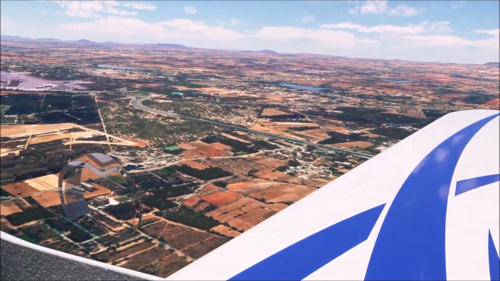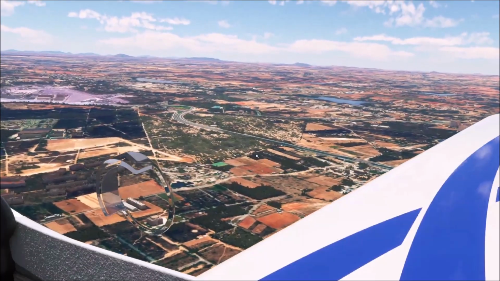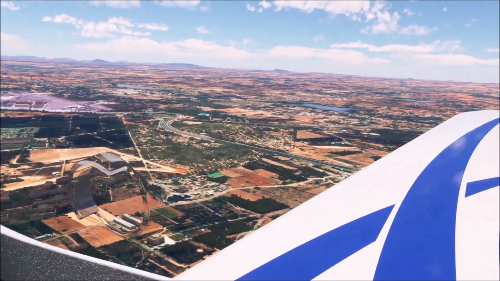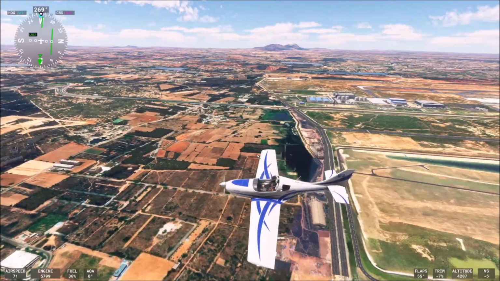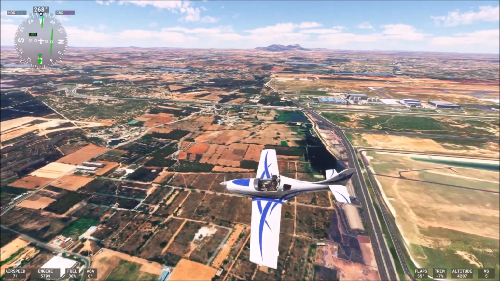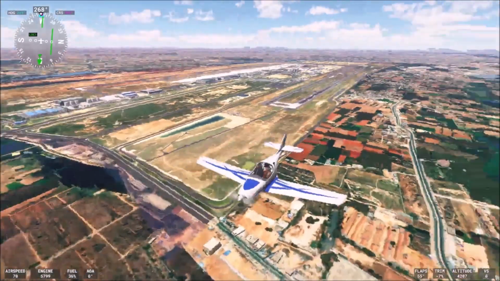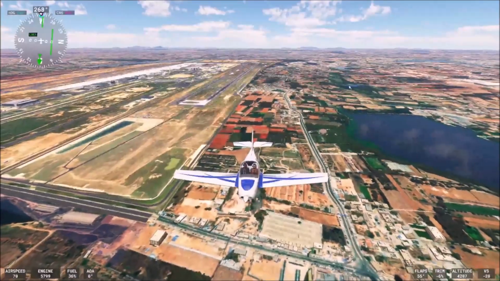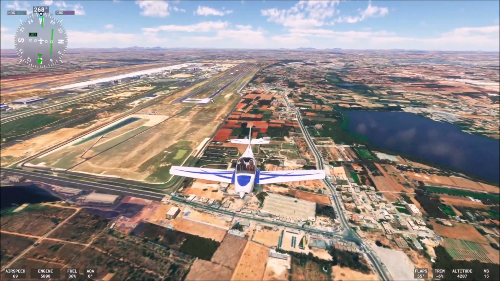Don't forget that the airport has an elevation of 3,000 feet. So actually we're flying about 1,200 feet above the ground. Exactly, we will try to land here.